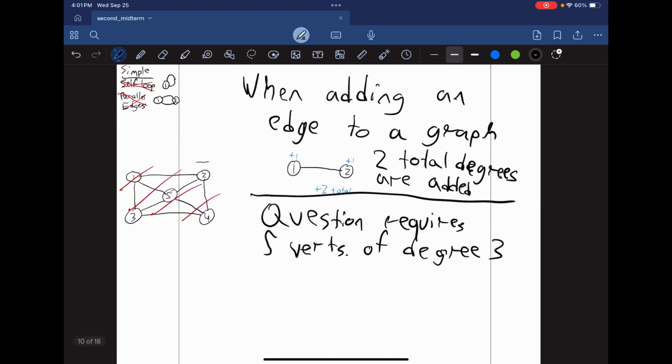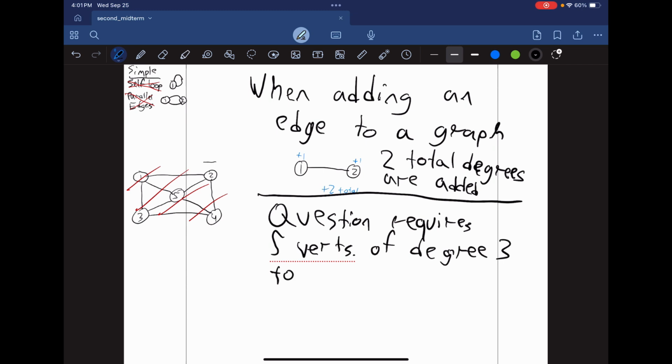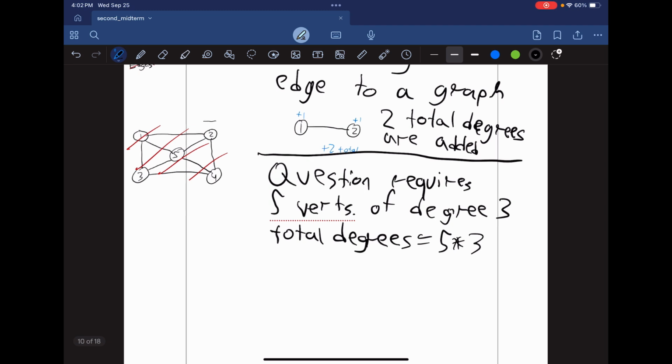And so the total number of degrees that it requires is logically 5 times 3, right? Because we've got 5 vertices and we want them all to be of degree 3. So the total number of degrees across all 5 vertices should be 5 times 3, which is 15. In other words, we need to achieve 15 total degrees.